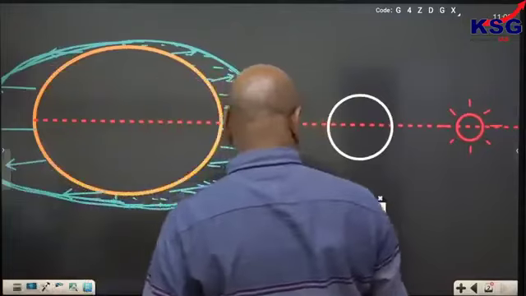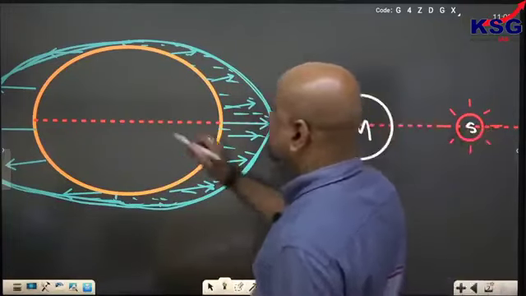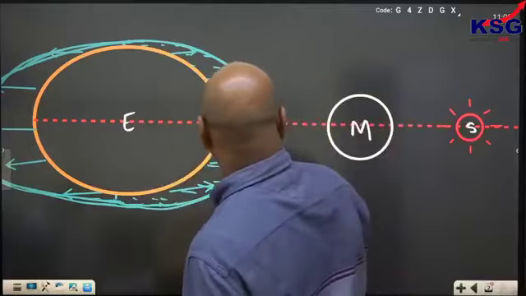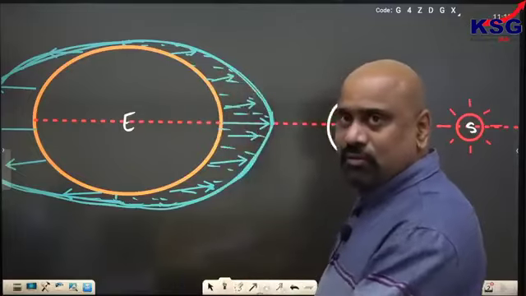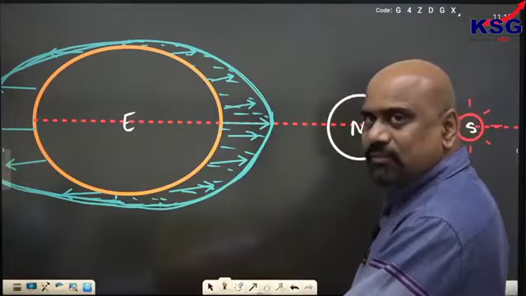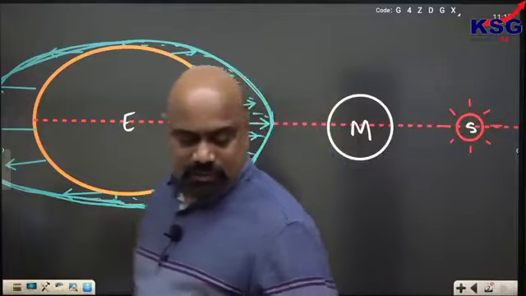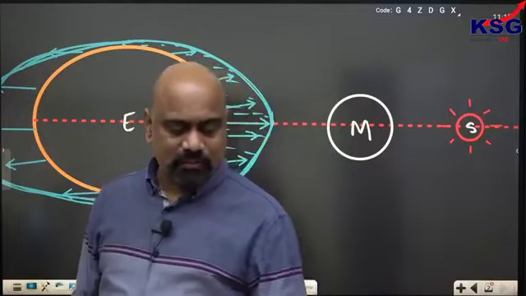Let us say this is the moon here, this is the sun here, and this is the earth here. Because of gravitational attraction, bulging of water takes place on one side, and on the opposite side we have the same way.